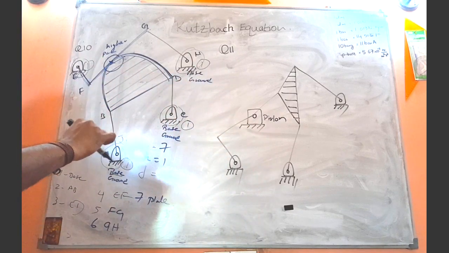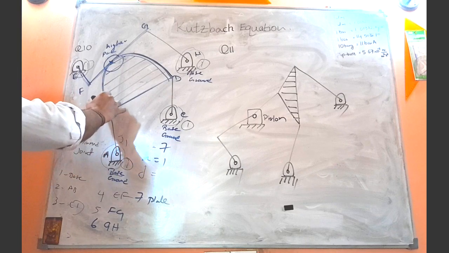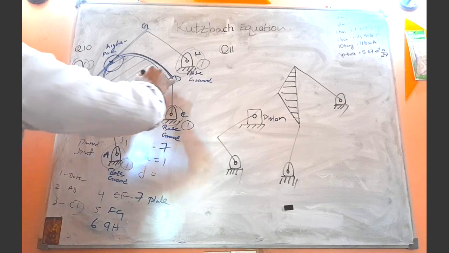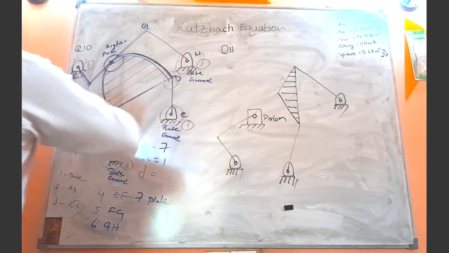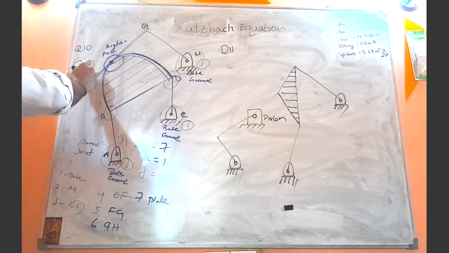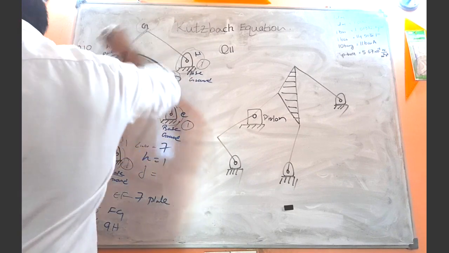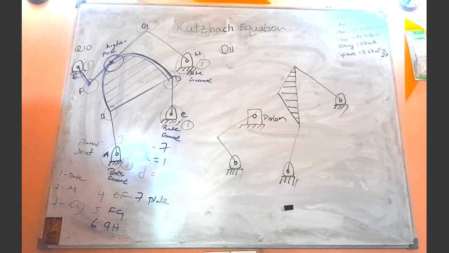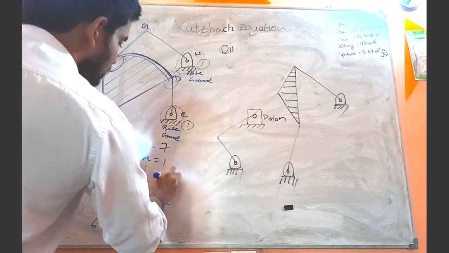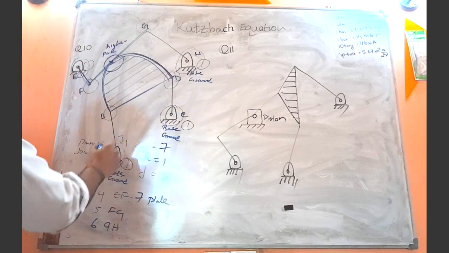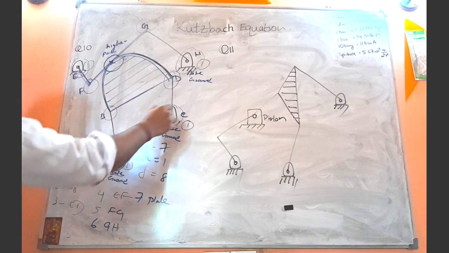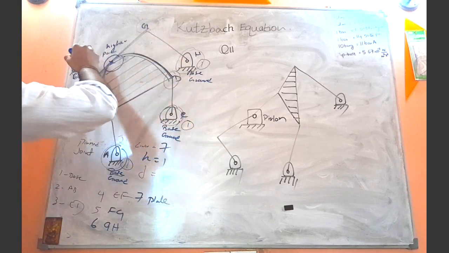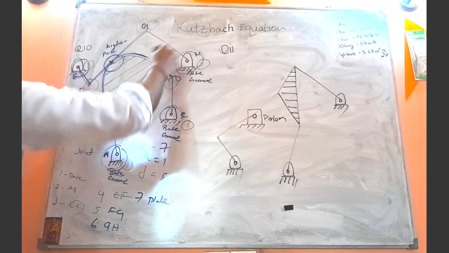Then joint 5 and joint 6, joint 7 and joint 8. So how many joints do we have? We have 8 joints, right? Again see, joint 1, 2, 3, 4.